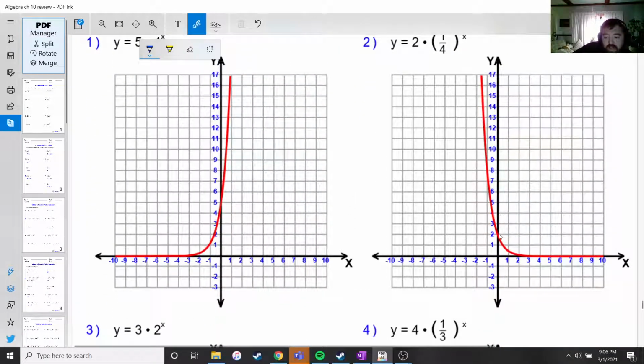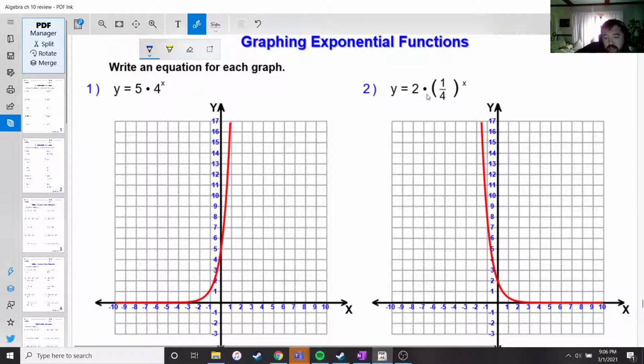So on this one, I knew it was 2. So then, I think the point I should have used is this one here. Sometimes it's kind of hard to tell with these. Because then that would have been 8 divided by 2, which is 4, which means that 1 over b would equal 1 over 4.